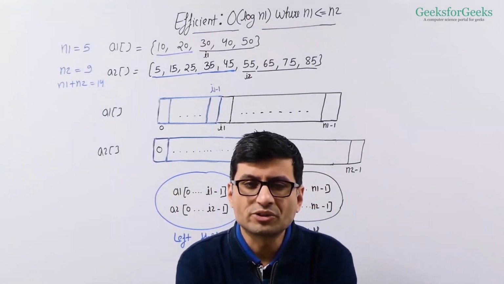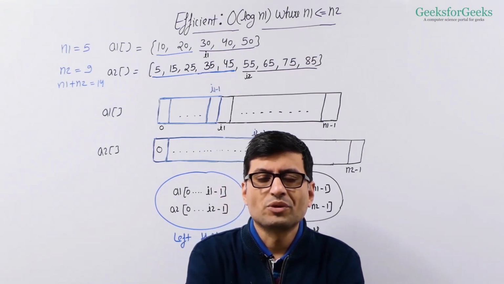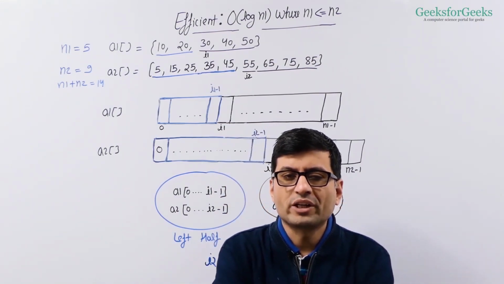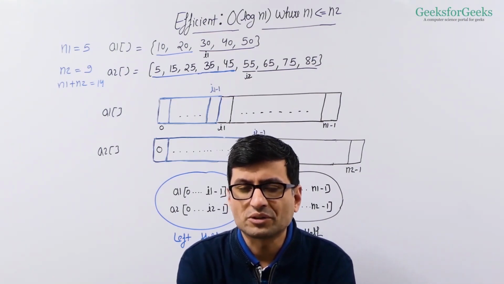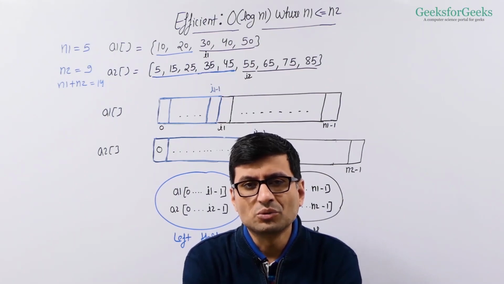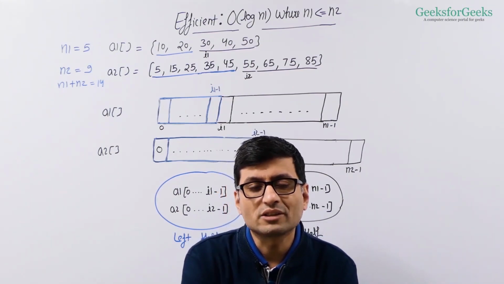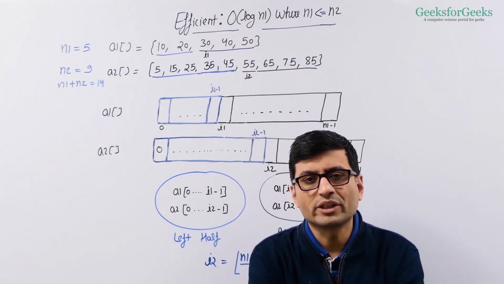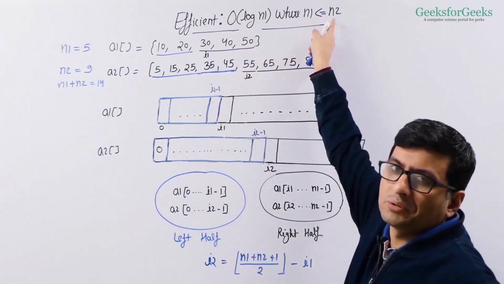Let us see the efficient solution now. The idea is to use binary search. So we are given two sorted arrays, a1 and a2, of size n1 and n2, and we need to find the median in this question. In this implementation, we are going to assume that a1 always has a size smaller than or equal to a2, which means n1 is smaller than or equal to n2.